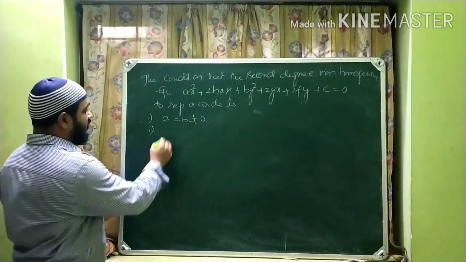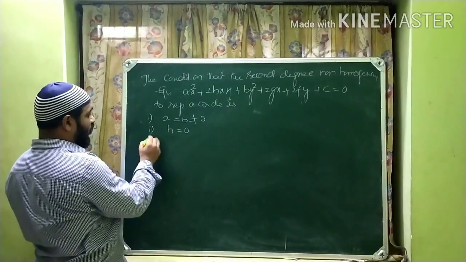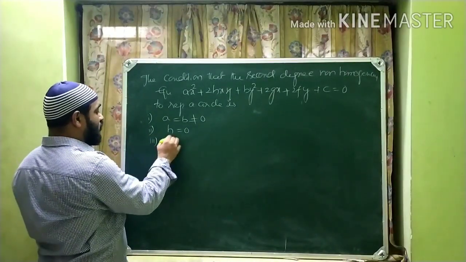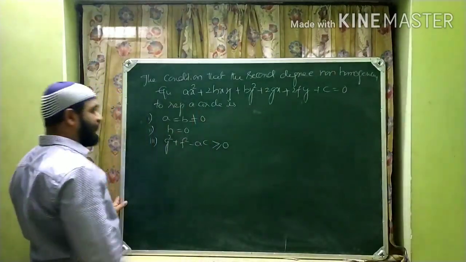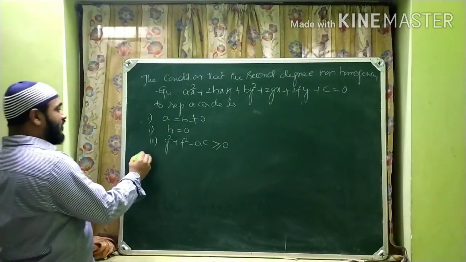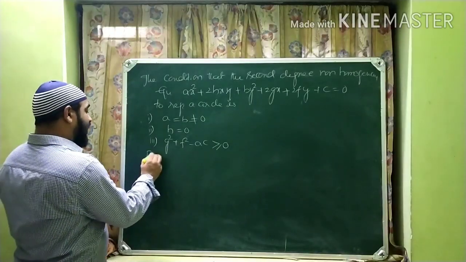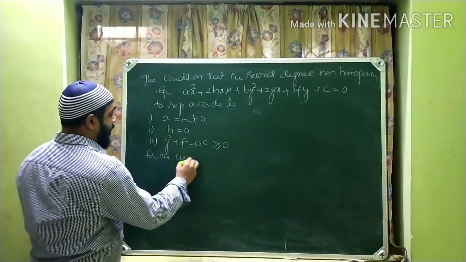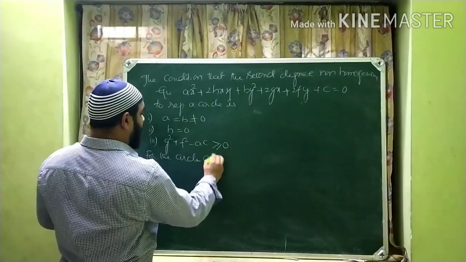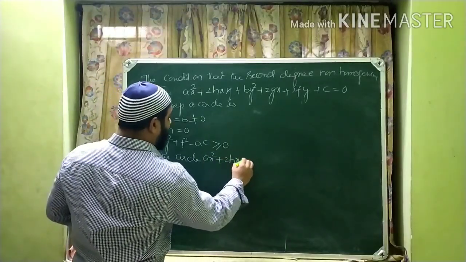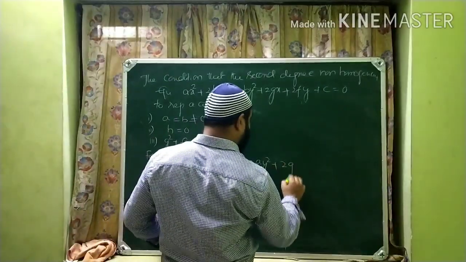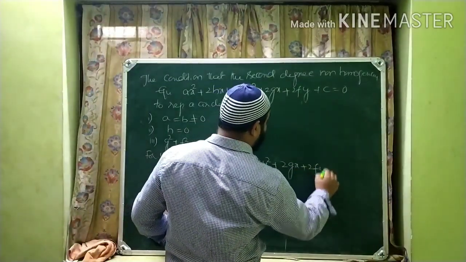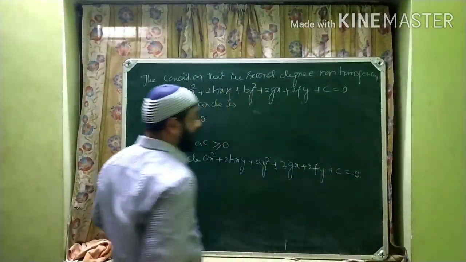Second, h is equal to 0, and third is g square plus f square minus ac, which is not equal to 0. Likewise, for the circle ax square plus 2hxy plus ay square plus 2gx plus 2fy plus c equals 0.